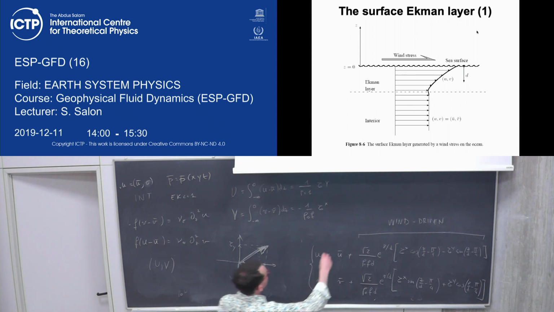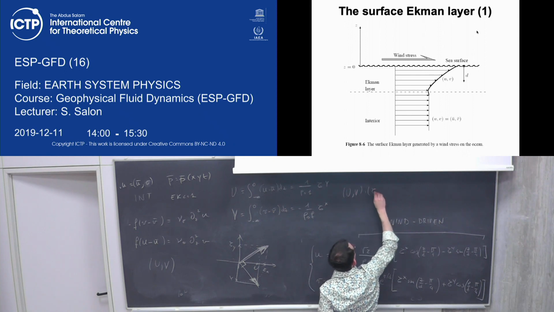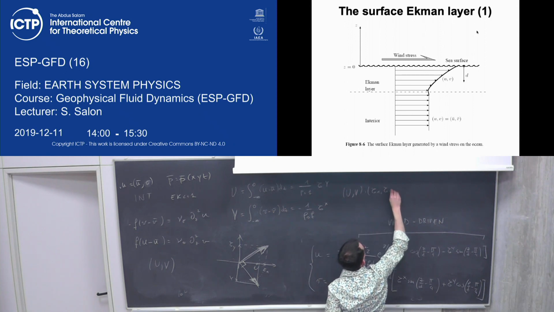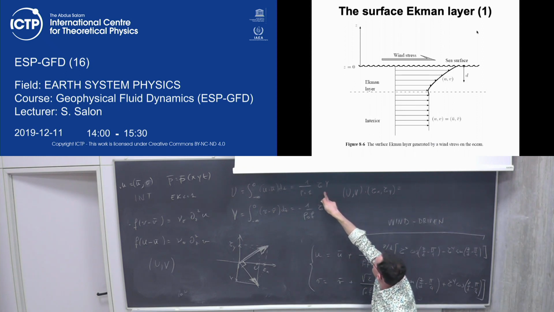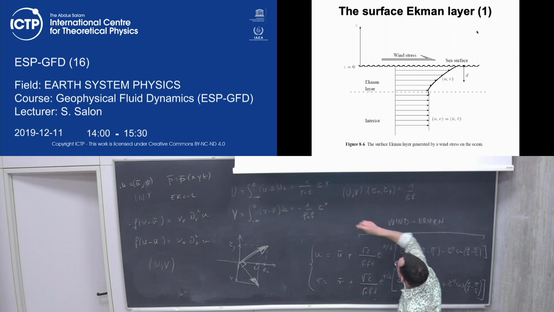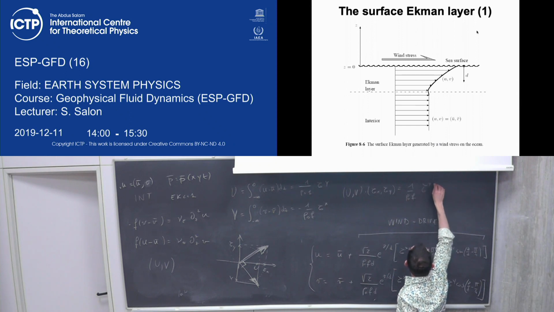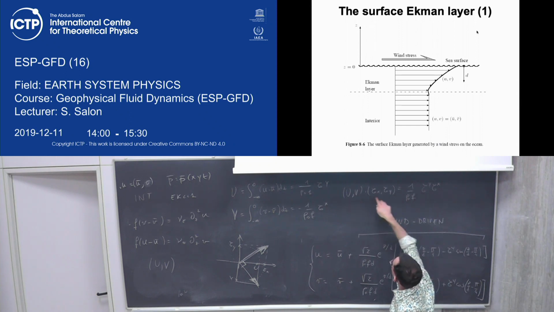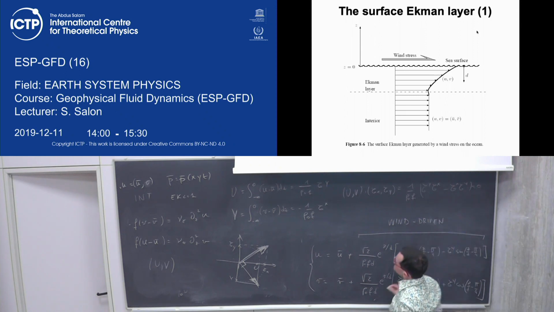So indeed, if we calculate the scalar product, we will have Ty times Tx, and minus Tx times Ty, which is 0.